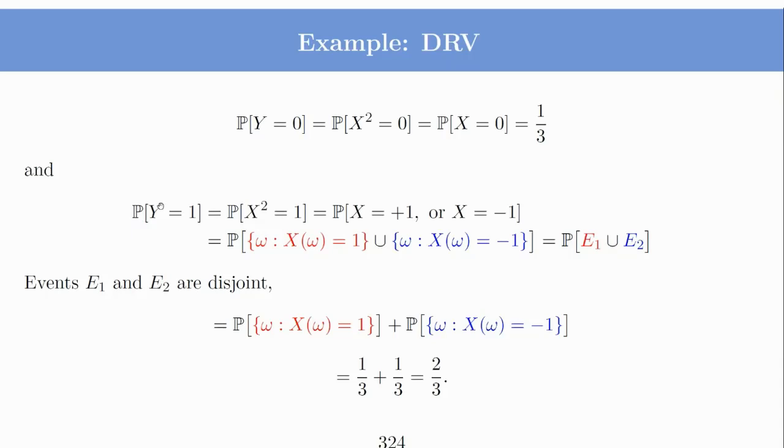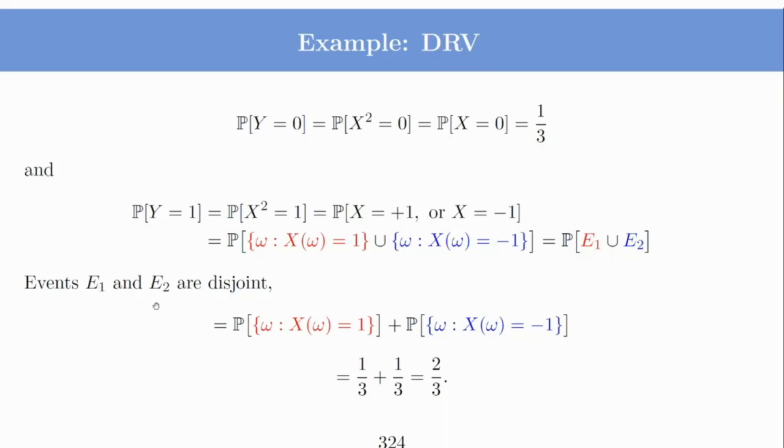So in this event where y omega is 1, all omega where x omega is 1 are included, and all omega where x omega is minus 1 are also included. So this can be written as a union of two events, all omega which map to 1 and all omega which map to minus 1 under x. Let us say this is E1, this is E2, so this is the probability of E1 union E2.